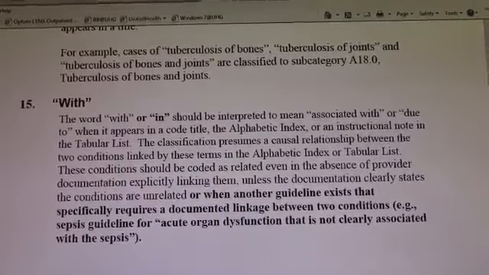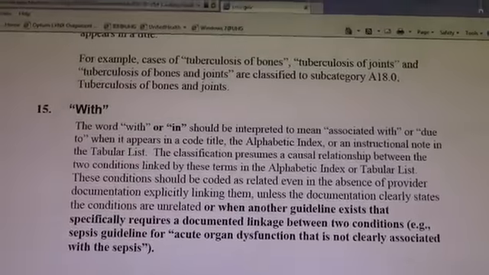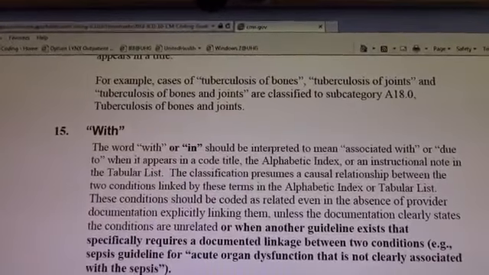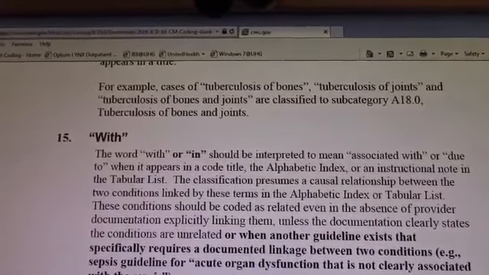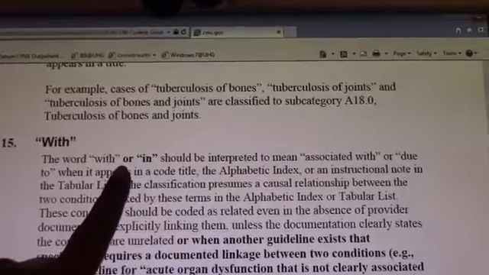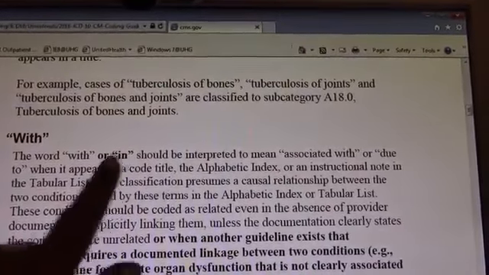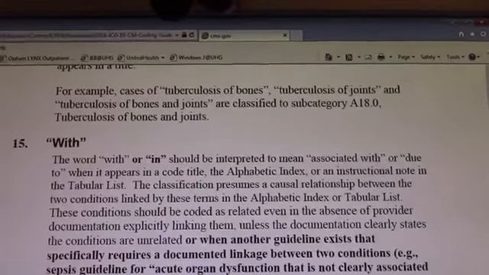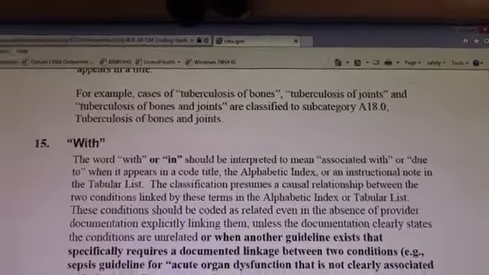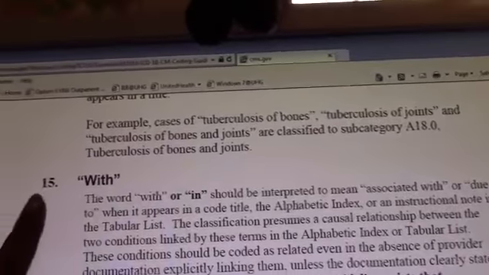What about the term "with"? Okay, notice how in the "with," number 15, "or in," is in bold print. That's letting you know that this guideline, let me show you what I've got here. And notice we were under number 1A15.